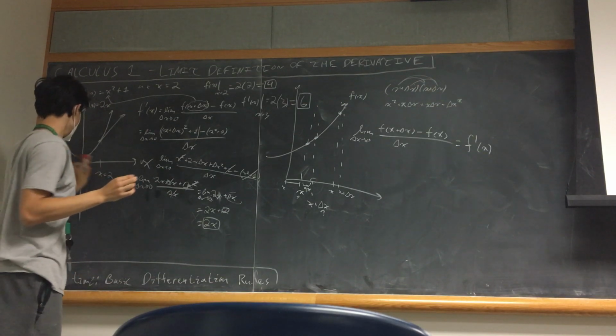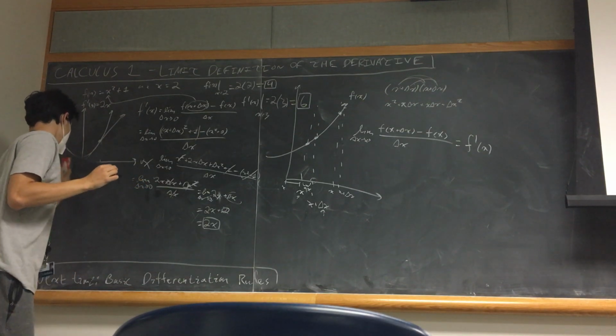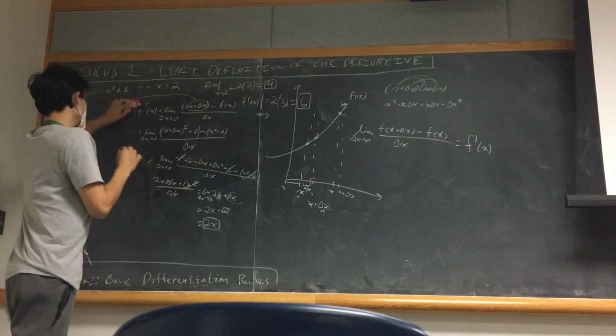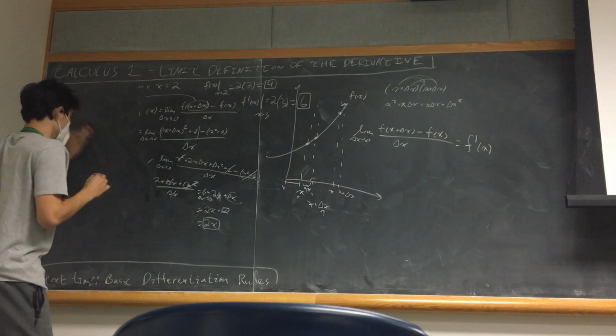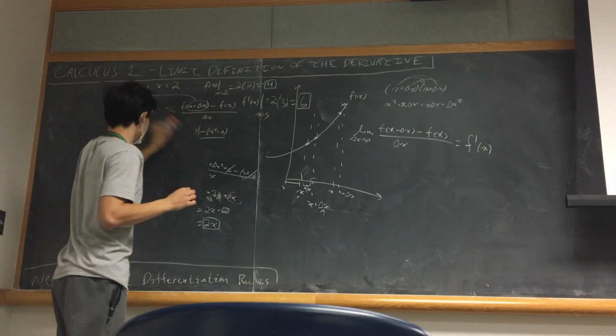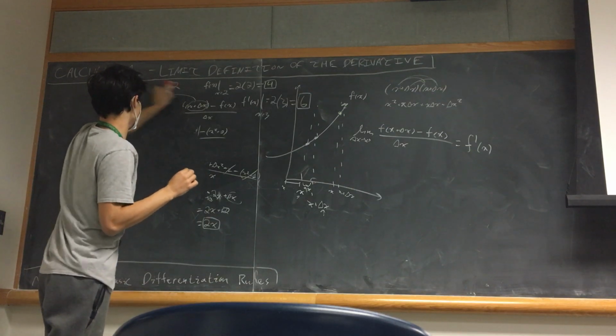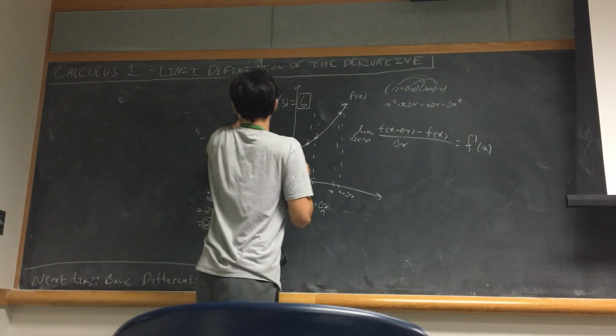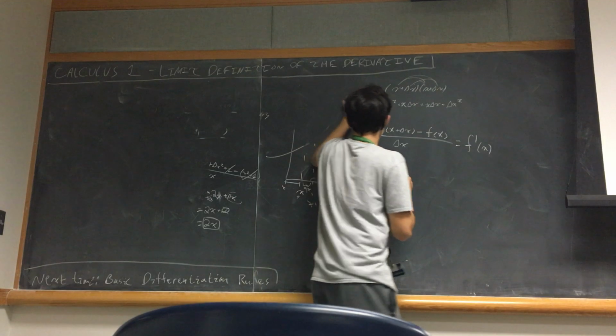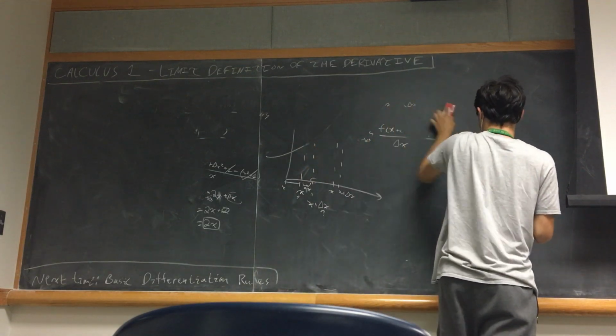Let's go through another example of the limit definition of the derivative. This one's going to be a little tougher because it involves rationalization, but it shouldn't be too bad.